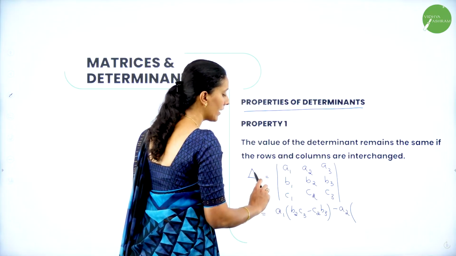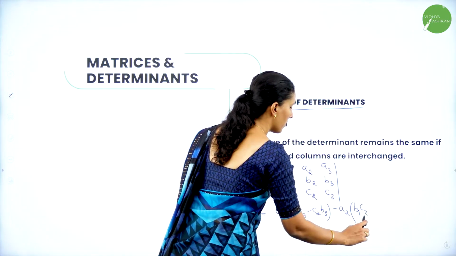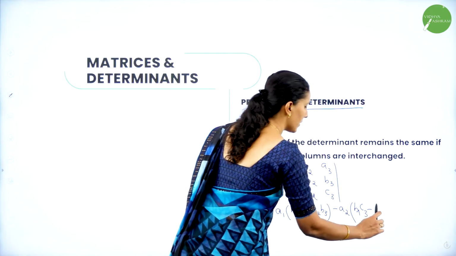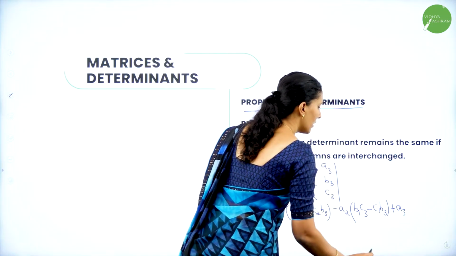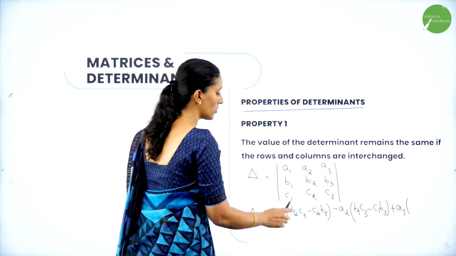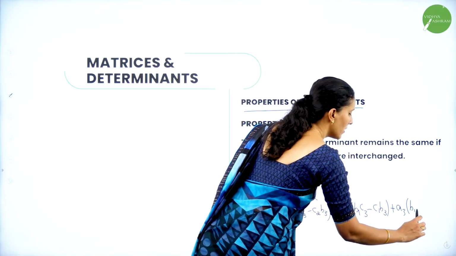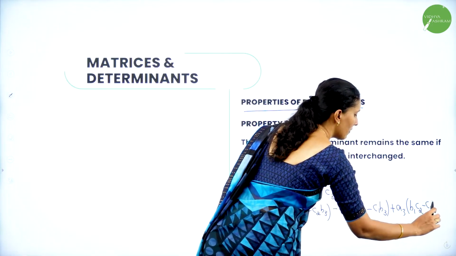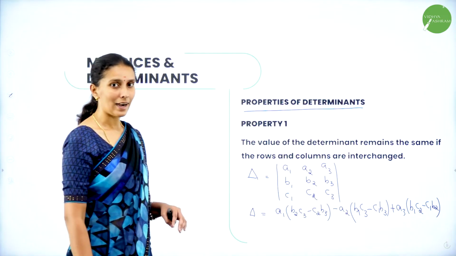How can you get it as a determinant? B1 into C3 minus C1 into B3. Similarly, for the last term A3, leaving the column and row, you will get B1, B2, C1, C2: B1 C2 minus C1 B2. So, this is the value of delta you will get.